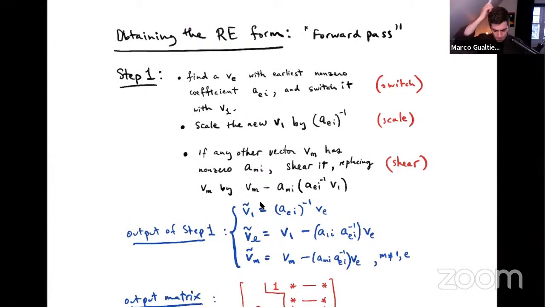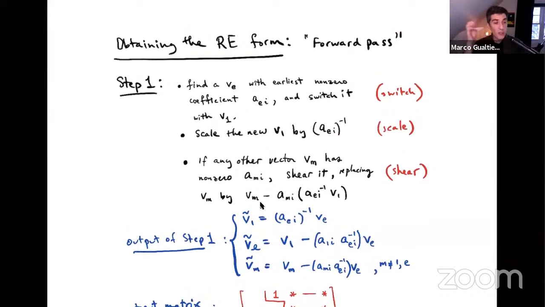So the first step. Now I'm going to tell you which sequence of operations you're supposed to do when you're faced with a matrix. First you look at the rows and you find a vector that has the earliest non-zero coefficient.